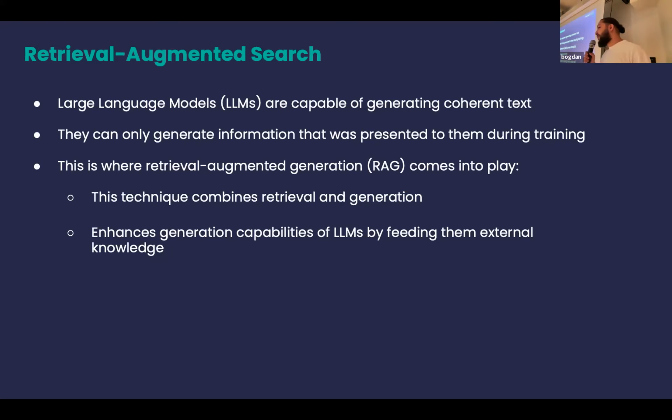I guess all of us have heard of large language models like GPT-4, but also open source models. I think the newest release was this Mistral model. We all know that these large language models are capable of generating coherent text and that they're really amazing at it. But they have one big problem.